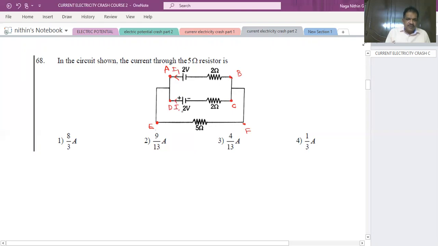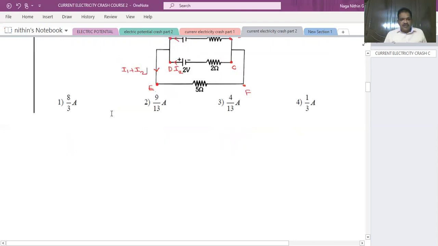Current coming from this battery, I am assuming I2. So current flowing through the 5 ohm resistance will be I1 plus I2. If we find I1 and I2, adding them we will get it.